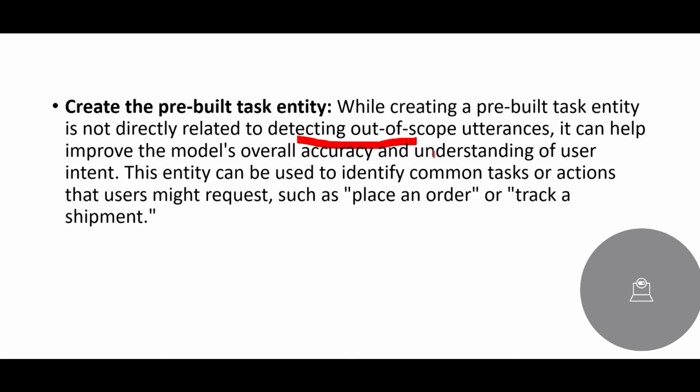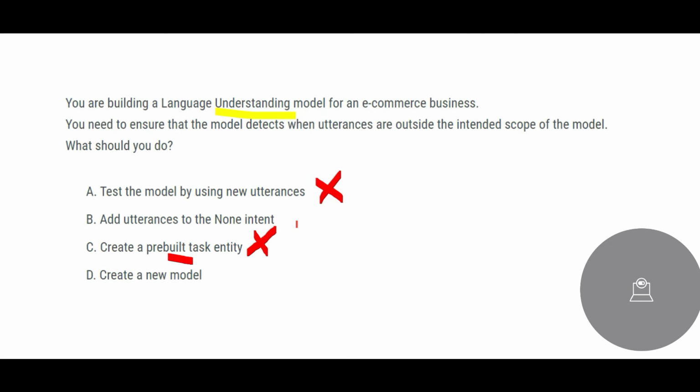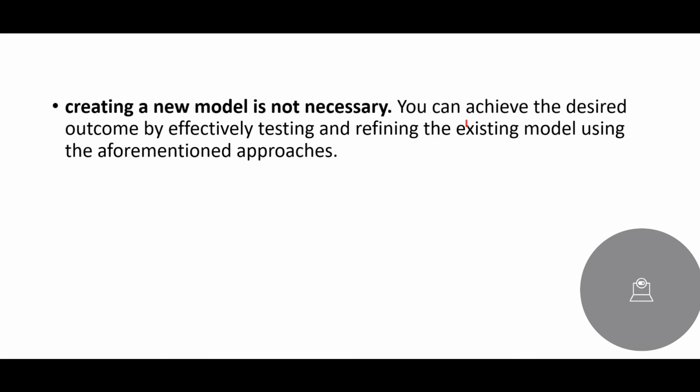So this is not the right option. Now creating a new model totally from scratch is not necessary. We just need to test and refine the existing model. If you keep creating new models, there will be so many models to support, and you will forget which model to use for which purpose.